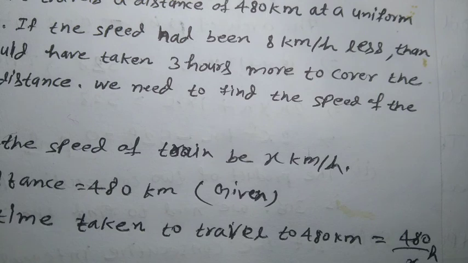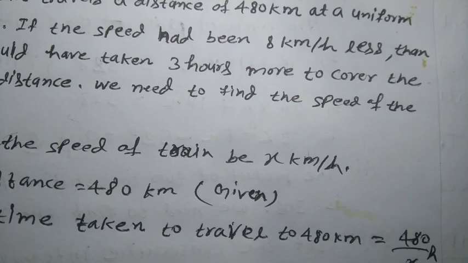When the train speed is less, then the time taken is 3 more.